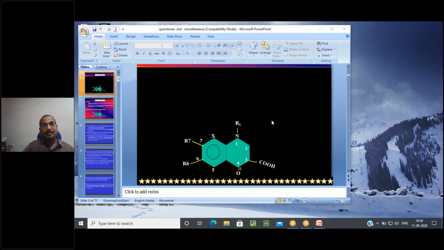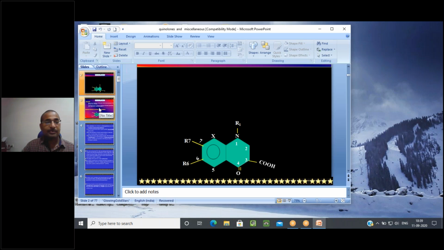Okay, anyway, so today's class is quinolones. So this is the structure of quinolones. By modifying its structure you can get new products, and they will have different types of actions.